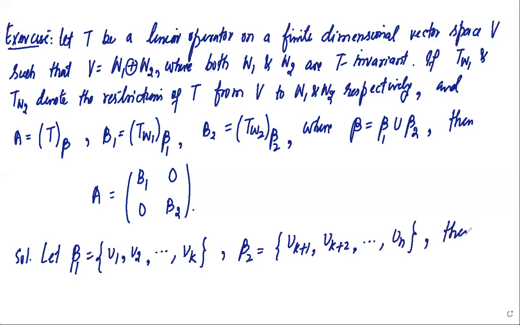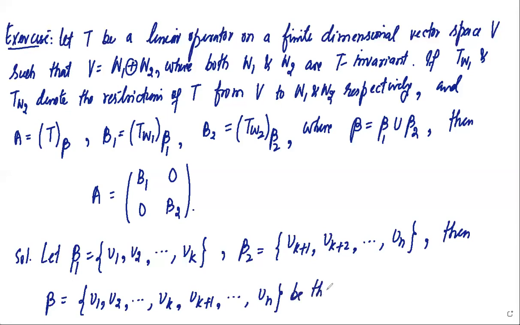Then we write beta is equal to {v1, v2, ..., vk, v_{k+1}, so on up to vn}. Let these be the ordered bases for V, W1, and W2 respectively.